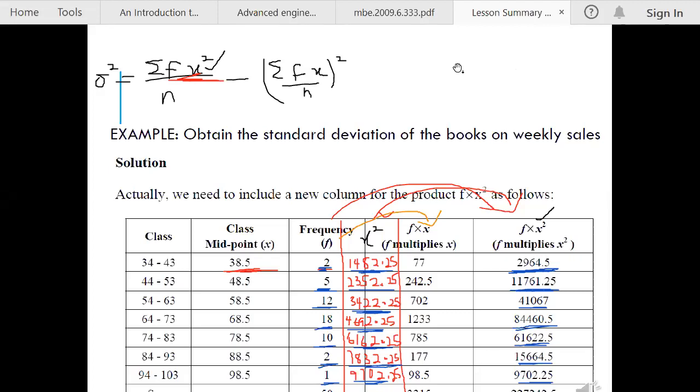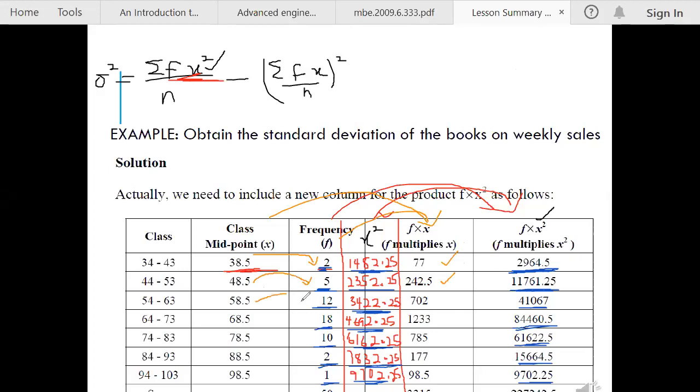So we have f times x coming here. This computation will be 38.5 times 2, which is 77. Then 48.5 times 5, which is 242.5.